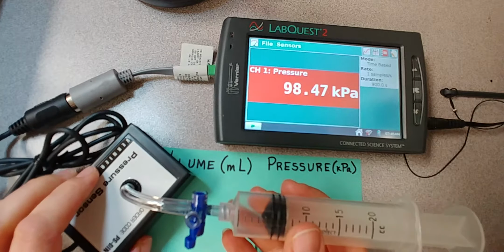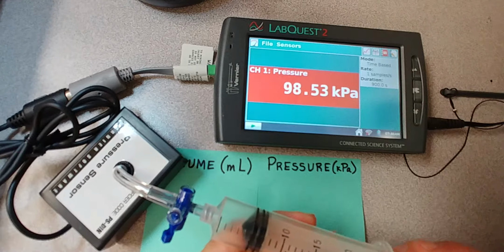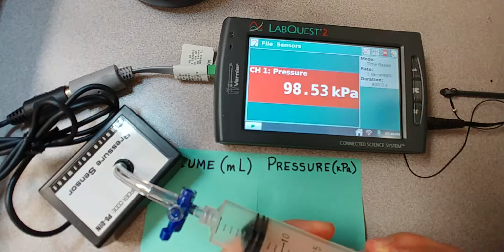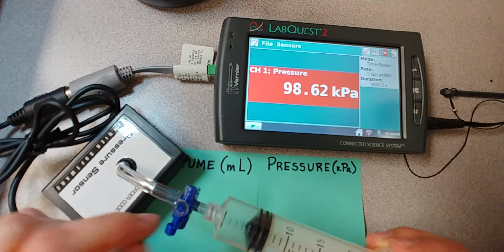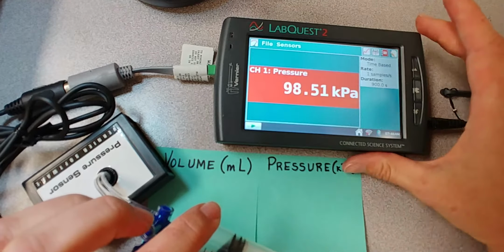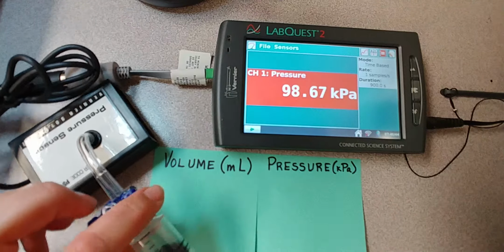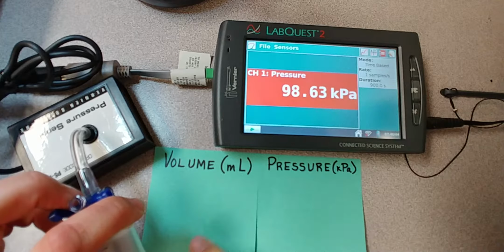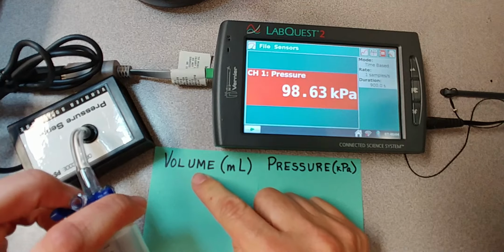And we've talked about what pressure is and what it means and how we get air pressure. So remember, those particles are bouncing around in there, hitting the sides of the container, and that force is causing a certain amount of pressure. So that pressure is currently measured at 98.6 kPa. So in your volume column, if you haven't added your data table into your lab notebook, you can go ahead and do that.